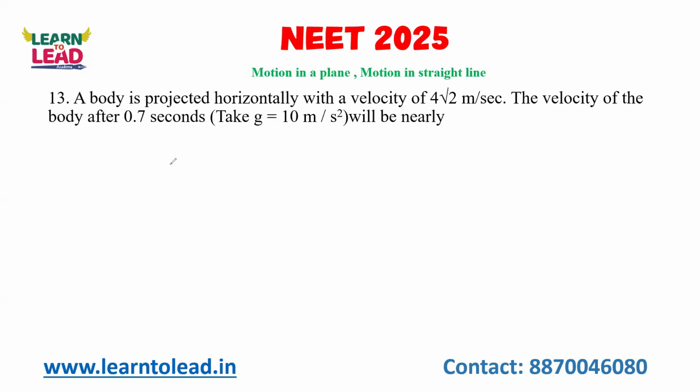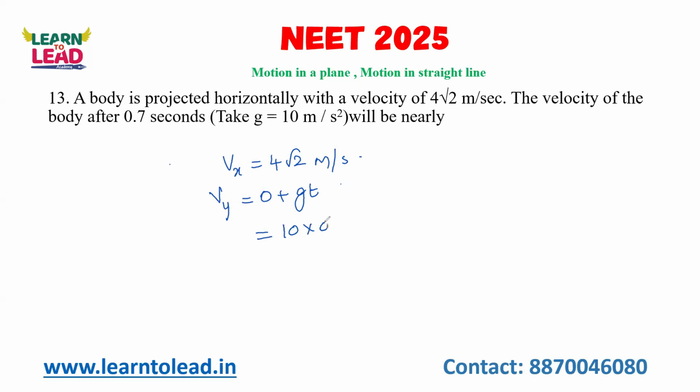Next. A body is projected horizontally with a velocity of 4 root 2 meters per second. Let us take the horizontal velocity as Vx, 4 root 2 meters per second. Projected horizontally with a velocity. The velocity of the body after 0.7 seconds. So Vy is equal to 0 plus gt.